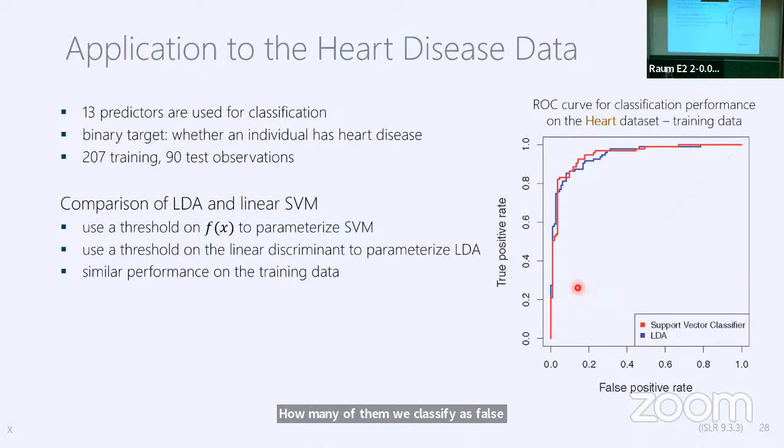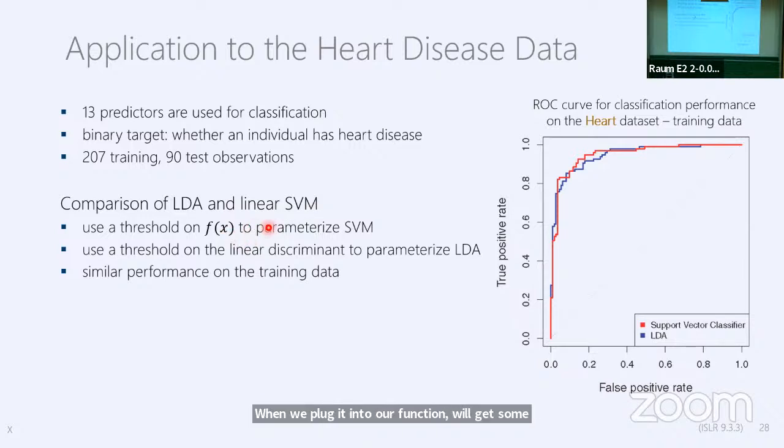So now we see that on the training data set, both, let me also add one additional thing. In LDA and linear SVM, we'll get some output value. So let's focus on linear SVM for the moment. f of x, when we plug it into our function, will give some number, right?